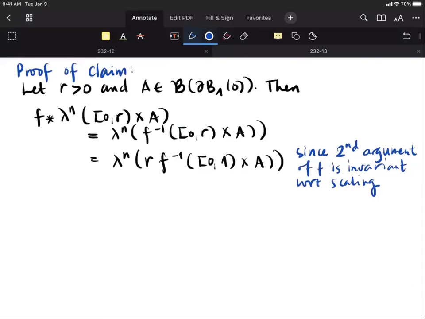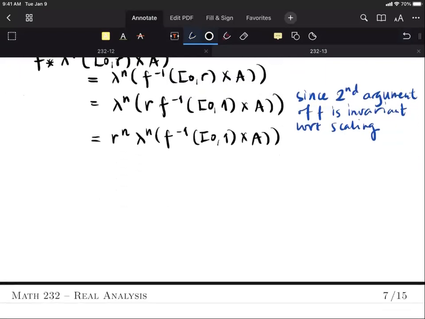So you have this, and according to our formula for the scaling behavior of the Lebesgue measure, you have a scalar r. So you should have n factors r with this Lebesgue measure.